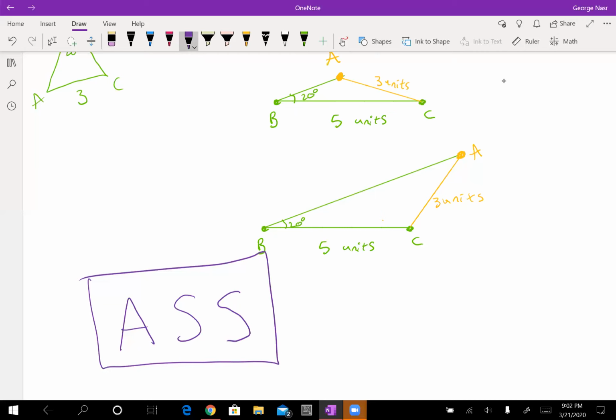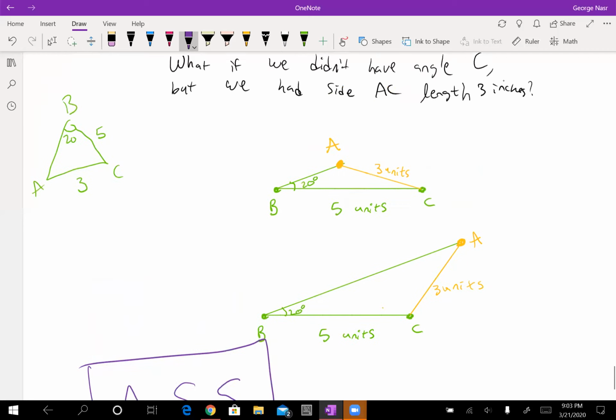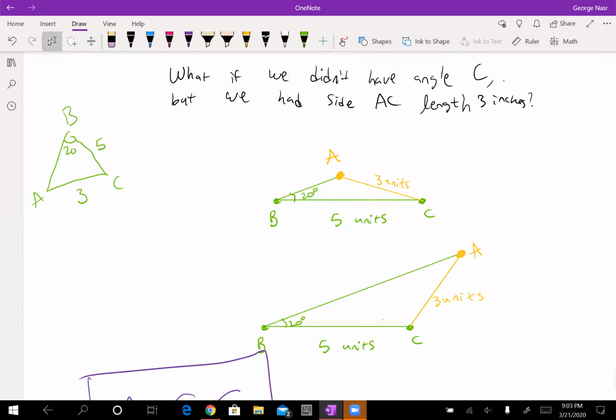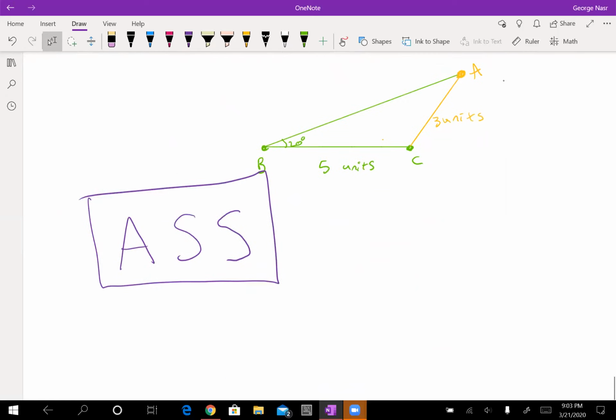So yes, I'm being a little cute here about this, but yeah, it spells ass, and it's ass because it just doesn't work. This is an ass tool. Don't let anyone tell you that if you have an angle followed by a side and a side, that it's gonna work. It's not. It's ass.